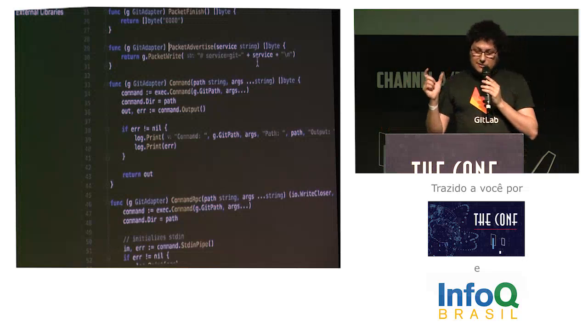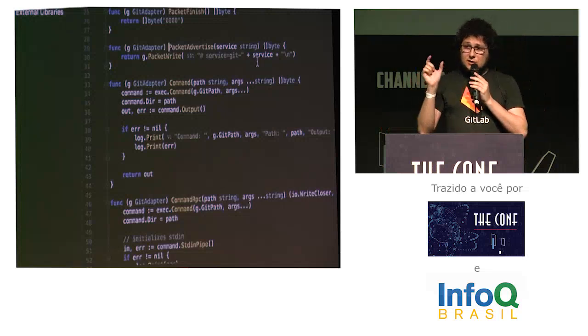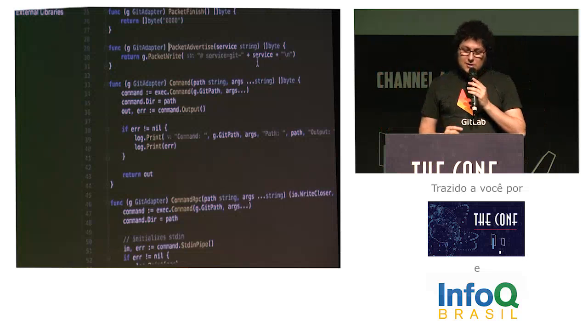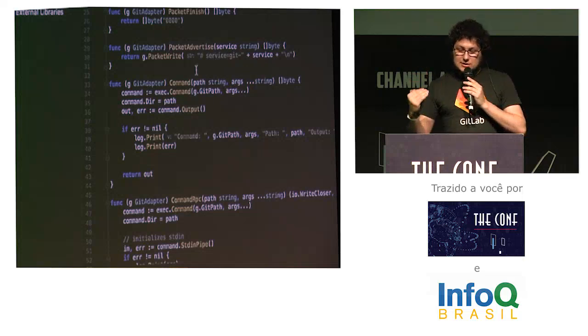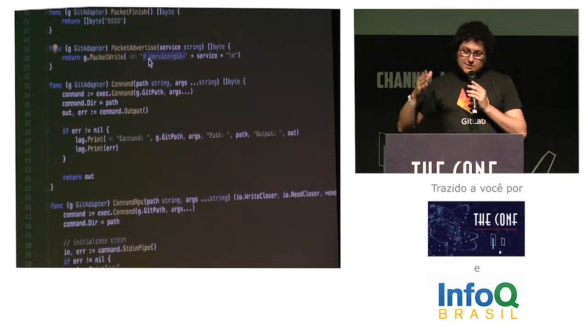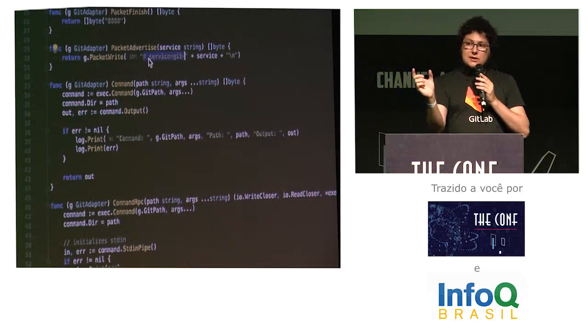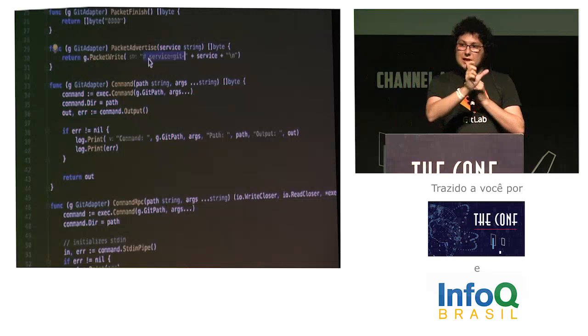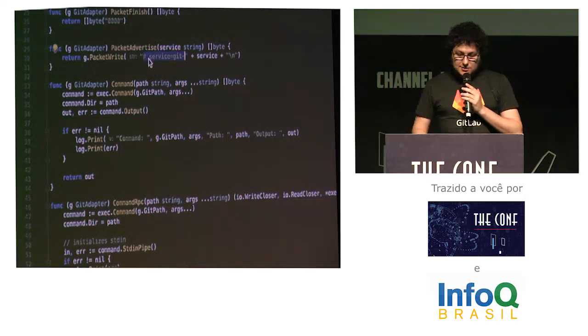The first 4 bytes are the size of the line. After that it is the line-by-line protocol. So I'm answering this line, service git with the service name, plus the first 4 bytes as the line size in bytes.